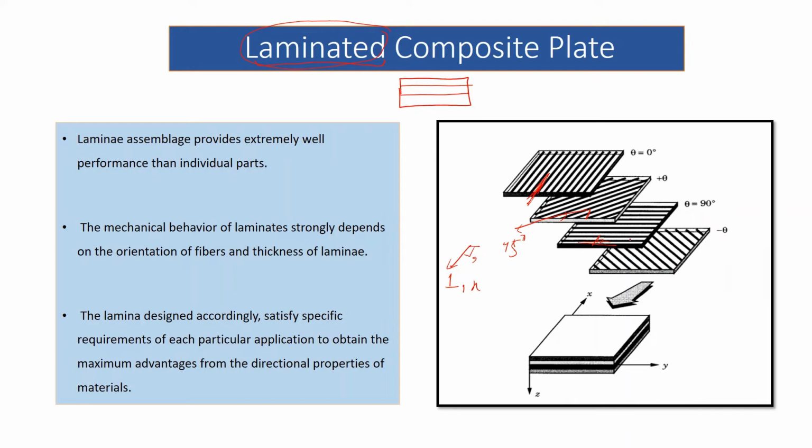So in this manner, different orientations of the lamina are there, and they are now combined together, so it becomes a composite plate. It is bonded together in such a manner that there are no gaps between all these fibers. So all the interfaces are combined in a very nice manner, so it becomes laminated.